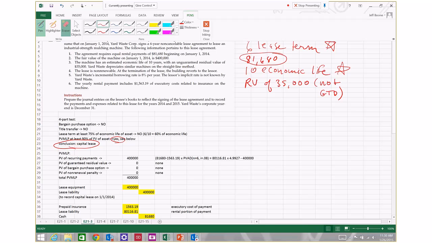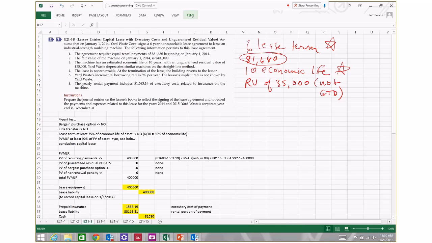Okay, so let's now show the calculation of the present value of the minimum lease payments. Remember, minimum lease payments can consist of 4 components. The recurring payment amount, which excludes executory costs.